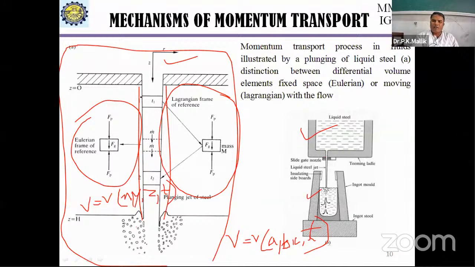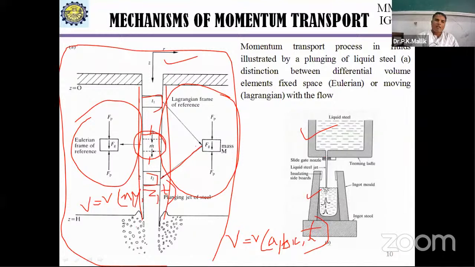In the Lagrangian frame of reference you consider one time t1 and another time t2 while following the fluid, but in the Eulerian reference you only consider a small portion of the fluid. What mass enters the system and leaves the system?